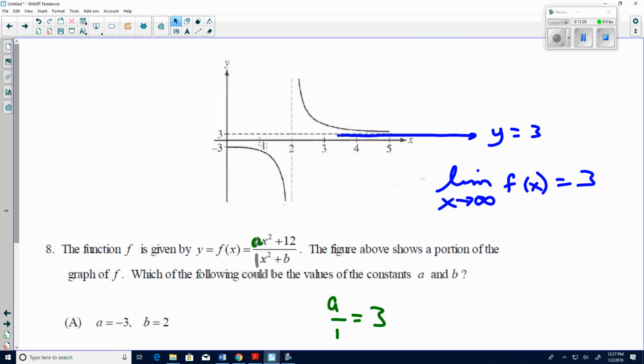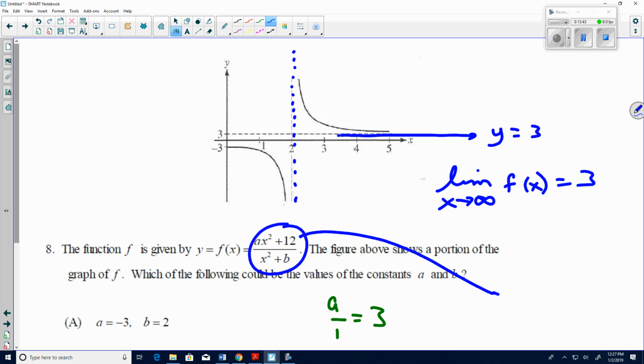We also have a vertical asymptote here at x is 2. And that occurs when the rational expression has an x minus 2 in the denominator. So we know we need to have an x minus 2 in the denominator because this is x is equal to 2. So how can we get an x minus 2 given the x squared plus b?